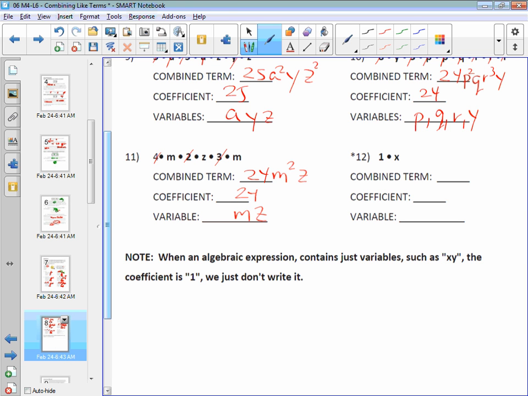Any variable that you say by itself technically has a coefficient of 1. So even though I'm only putting an x here, I still have a coefficient. My coefficient is not 0, because 0 times x will not be the same thing as 1 times x. Variable still stays x. Okay? Are you clear with that?